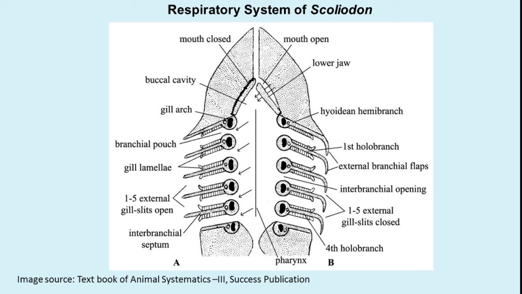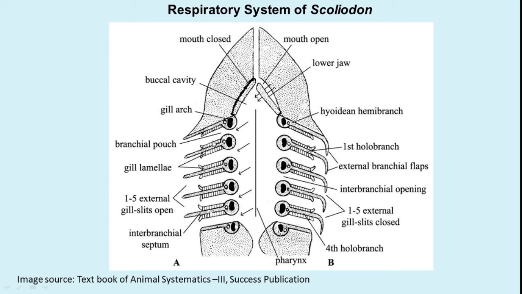Each set that lie on one side is referred to as half gill, and it is called as demi-branch or hemi-branch. If you see only this half portion, okay, this will be referred to as the demi-branch or hemi-branch. Why? Because the two sets, this is referred to as complete one.